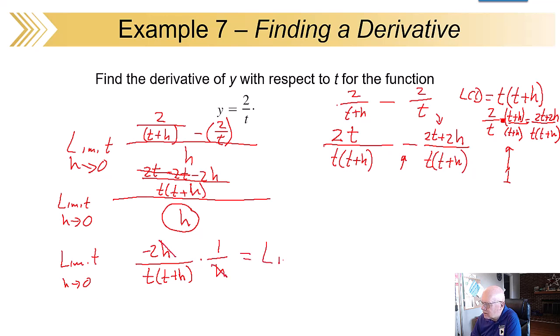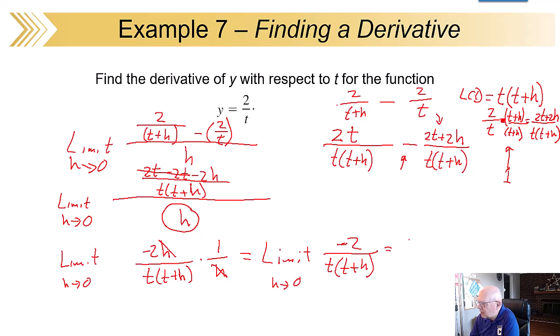What's left? I've got the limit as h approaches 0 of, on the top, a negative 2, that looks good. On the bottom, I've got t times t plus h. Now it's time to take the limit. As h approaches 0, this h effectively disappears.